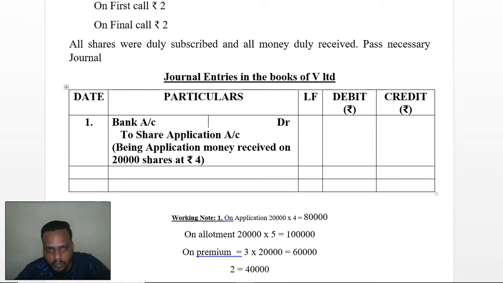Here I have not mentioned the amount directly, so let's go with the amount also. Here 80,000 will be coming because it has 20,000 shares. 20,000 shares multiplied by 4, so 4 twos are 8. It is considered as 80,000.